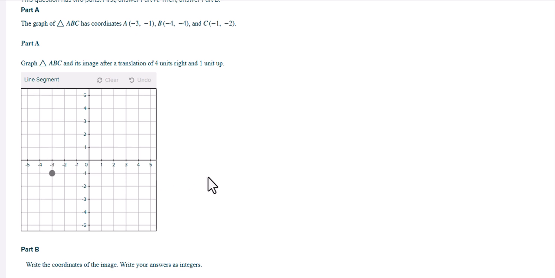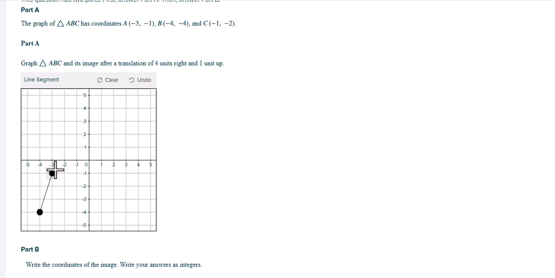Now, if you accidentally put that first dot at the wrong place, you'll notice the clear button and the undo button are not working. That's because this is a specific line segment graph setup that Reveal has made. So you can't undo or clear until you've actually created your first line segment. So let's go ahead and graph point B, -4, -4.